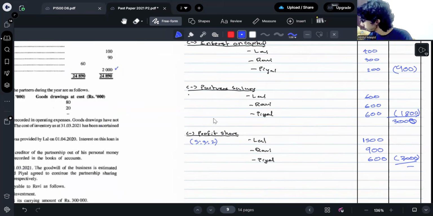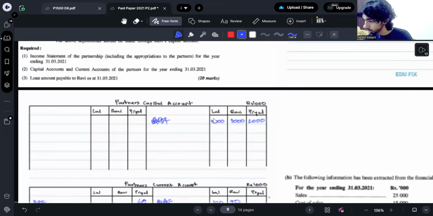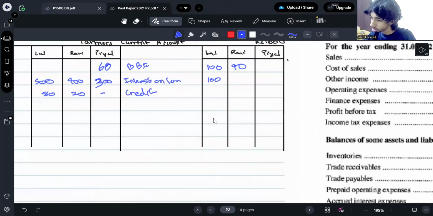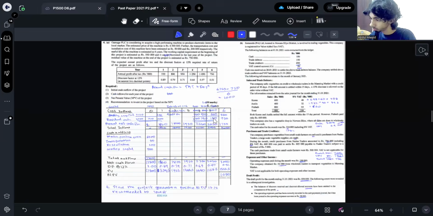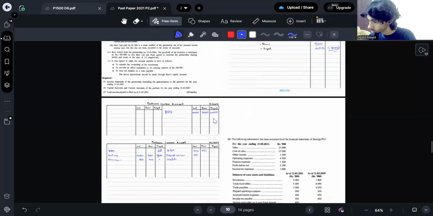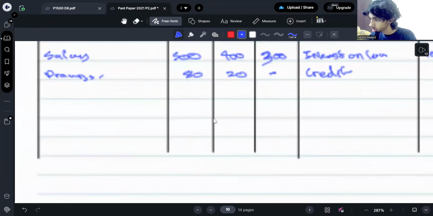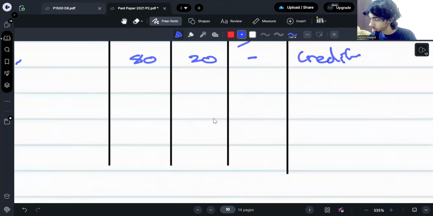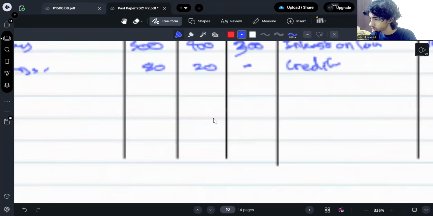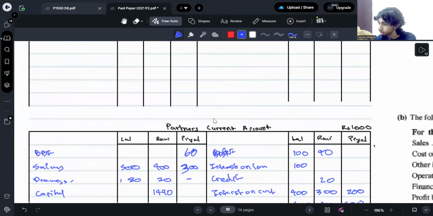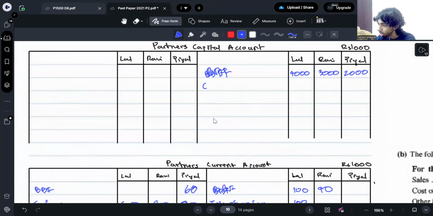Salary is 300. Then here it will be 1040. Okay.